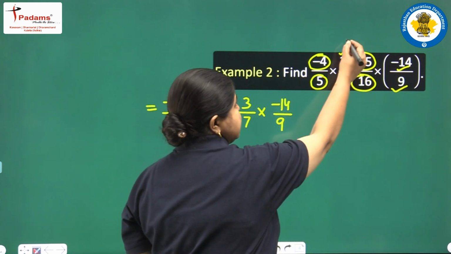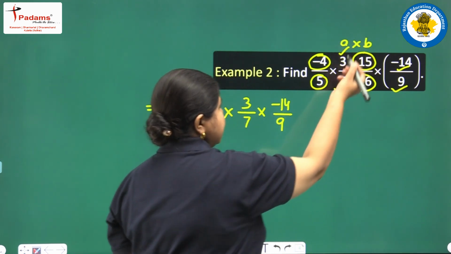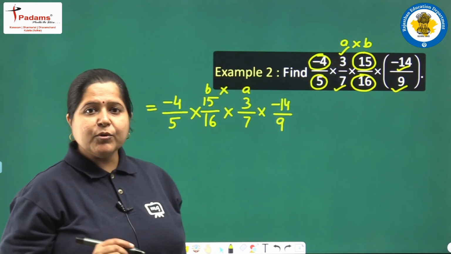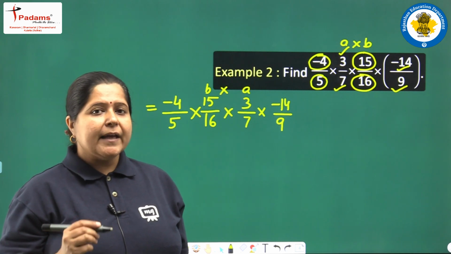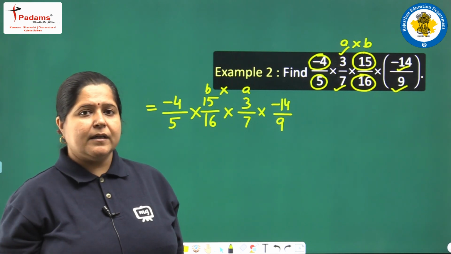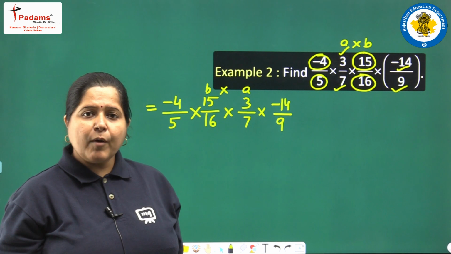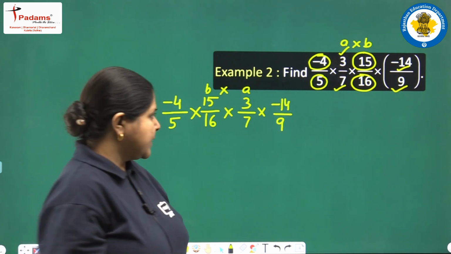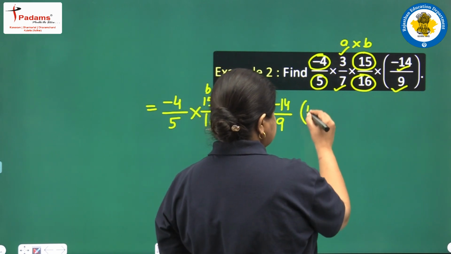A into B, this is A into B, and here we have written B into A. So, commutativity is being used, and because we are regrouping the terms, therefore, the property of associativity is also being used here.